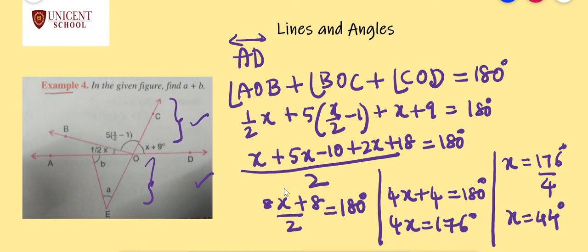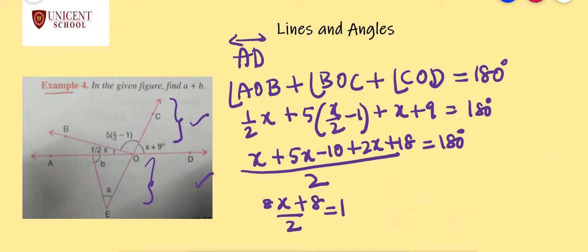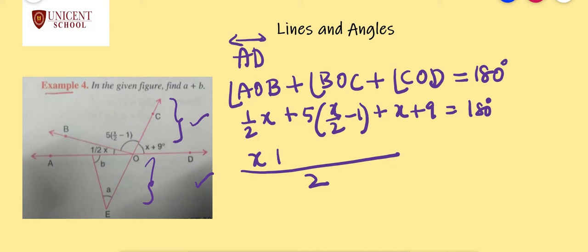So now we will take this hint to get the value of a plus b. When I study the triangle, one of the angles of the triangle forms a vertically opposite angle to angle COD. And we will take this hint to get the required step now.